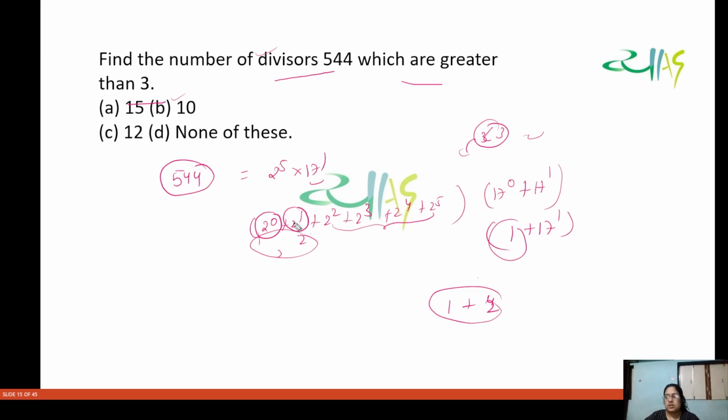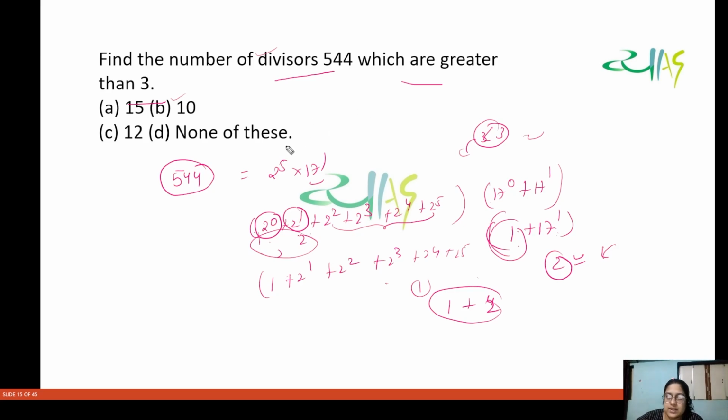And what else? You will have 1, this will be 1 itself. If you multiply this by 17, you will have a number greater than 3. So we have only two numbers that are less than 3.